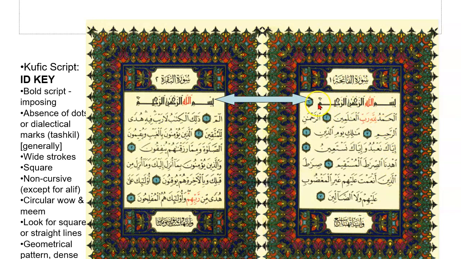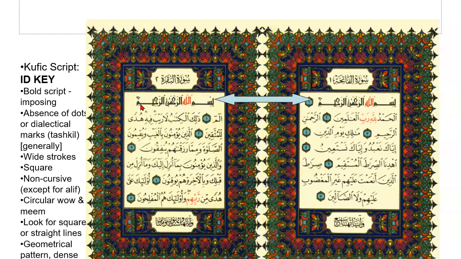This is a different script. This is our Kufic script, and then that's another script. And we'll go into all these scripts today. Again, what you're looking for in Kufic: bold, stylized, utilized as a script to give you the presence of a rectangular, angular script, squares, and straight lines, basically.